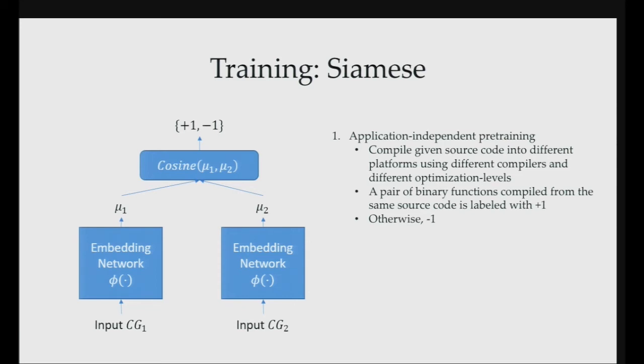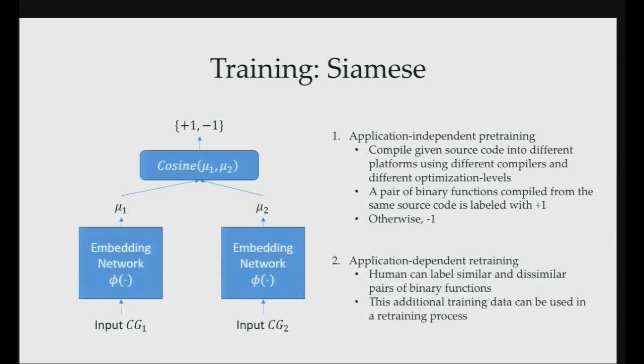And for other pairs of binary functions, we label them as dissimilar. In this way, we can give the supervision. You can see that this is application independent. For example, this approach cannot capture information like whether two codes are similar. If we consider the cheating scenario, they are similar, but if we consider vulnerability detection, they should be dissimilar.